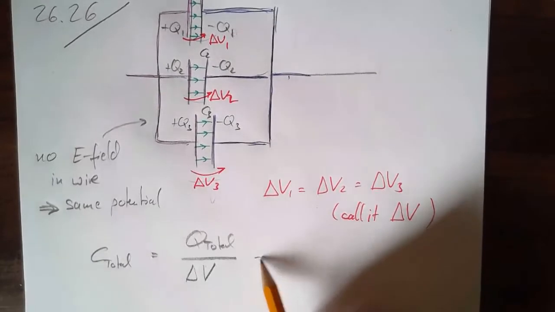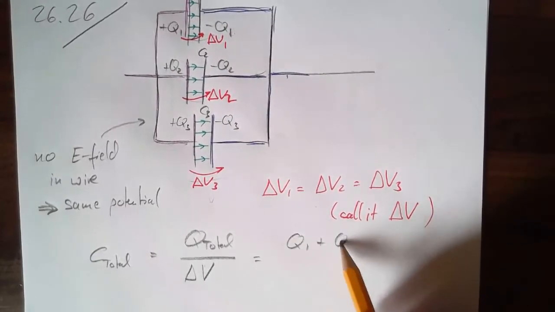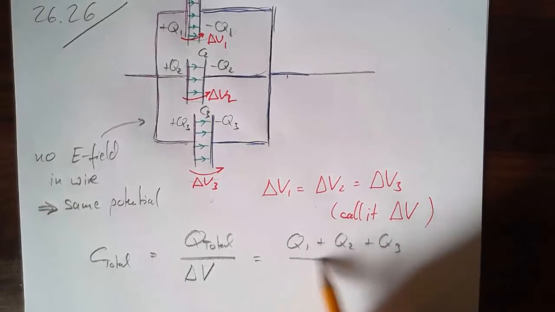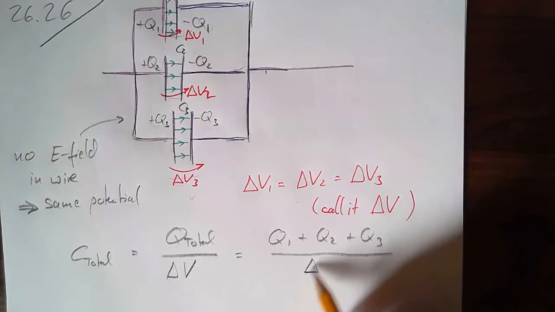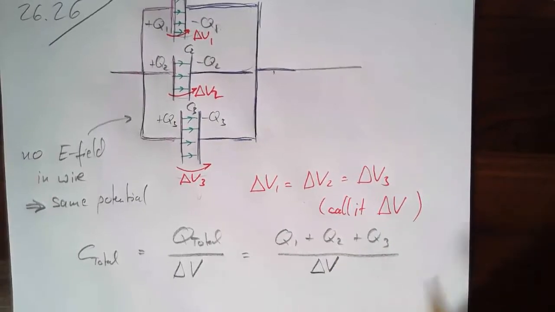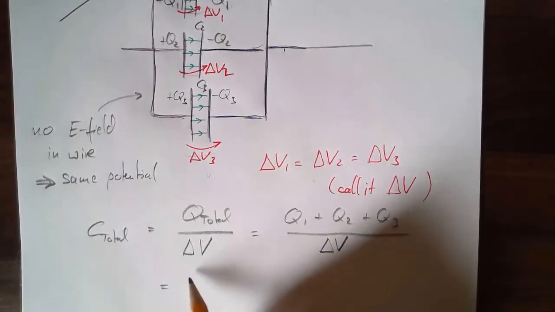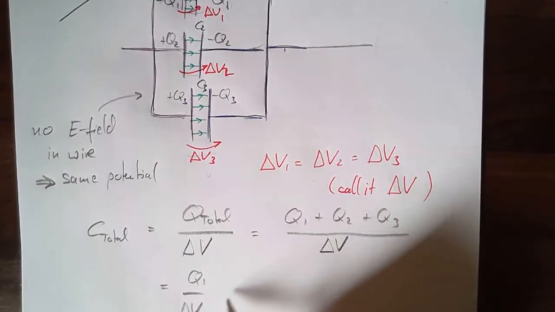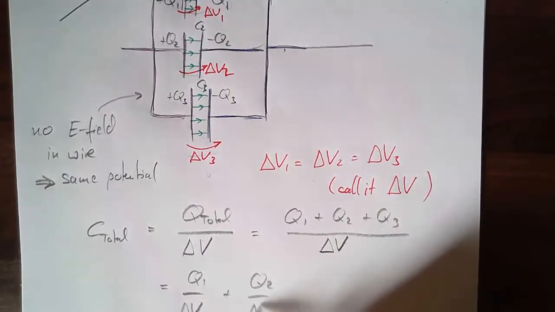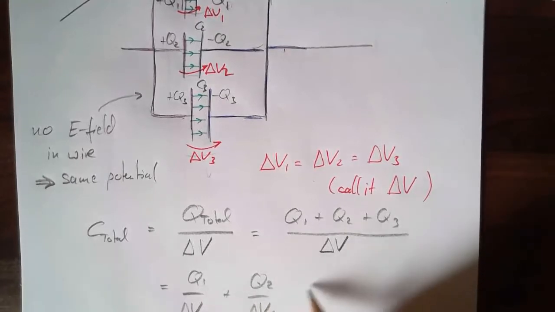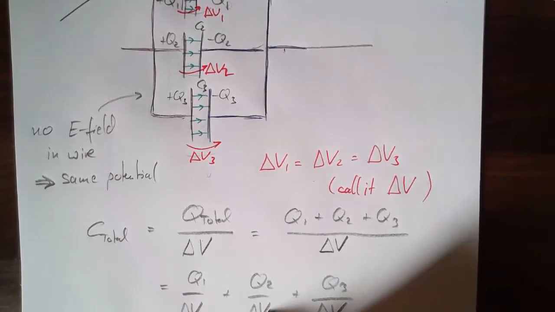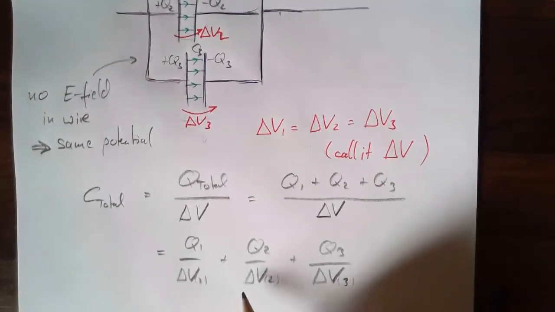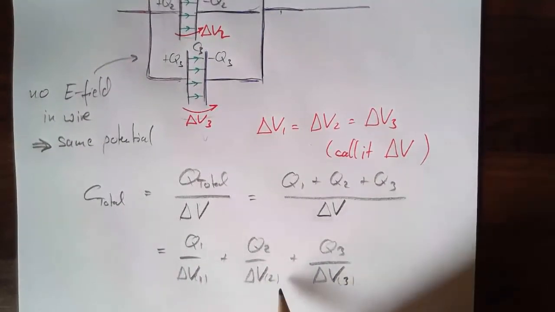What is Q total? Q total is Q1 plus Q2 plus Q3. It's the total charge held by the left-hand side, and negative on the right-hand side, divided by delta V. That, of course, I can write as Q1 over delta V plus Q2 over delta V plus Q3 over delta V. I'm going to put this in parentheses because all the delta V's are the same, so whether or not I have a subscript here doesn't really matter.